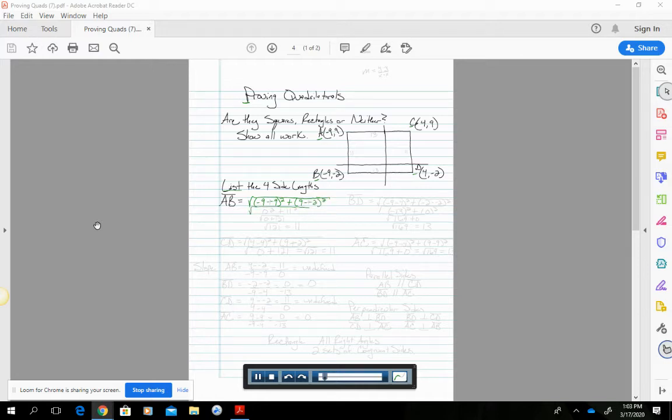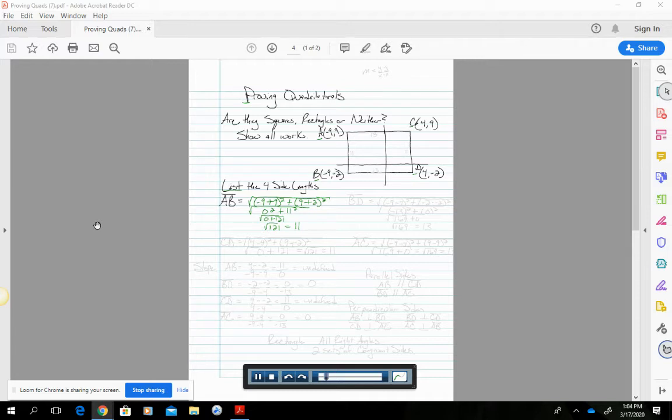So then you're going to work that out. 2 negatives make a positive, so this is just 0 squared. 2 negatives make a positive, so that's 11 squared, which gives us 0 plus 121, which gives us a total of 121, which is square root of that is 11. So that's the length from A to B.